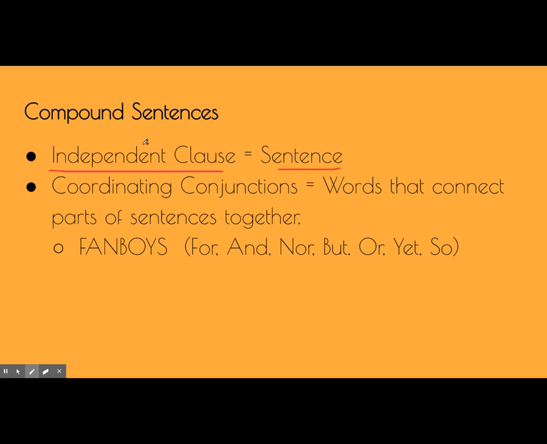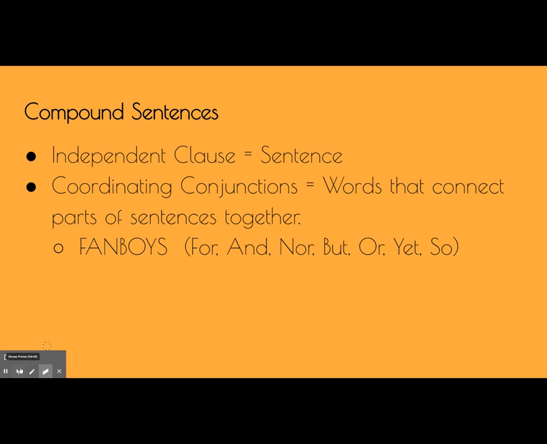And that makes sense too, because the word independent means it can stand on its own. It's its own thing, right? If you are independent of anybody else, you don't need anybody's help for anything. A sentence is kind of like that too. It can stand on its own. It's a complete set of words that makes a complete idea. So they're the same concept. The next one is coordinating conjunction.